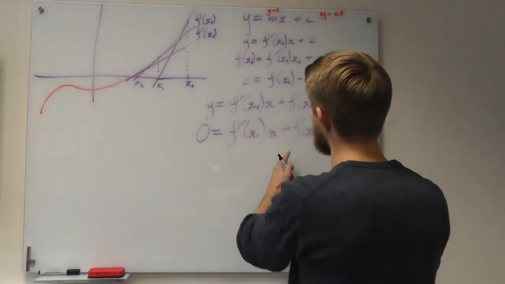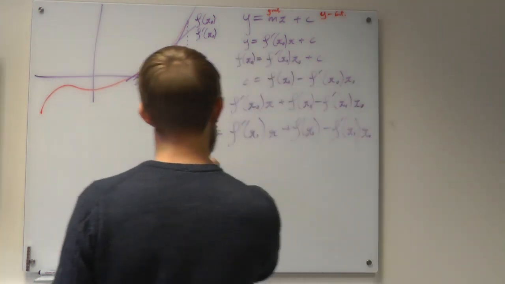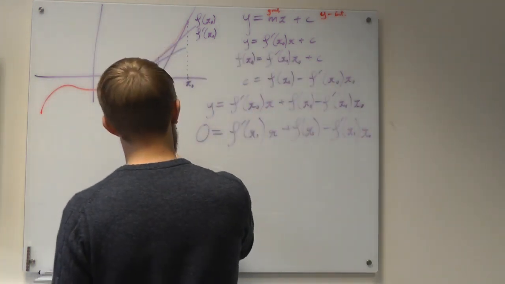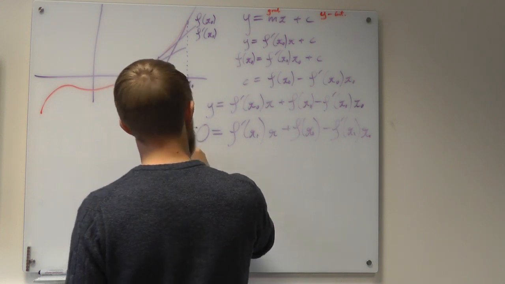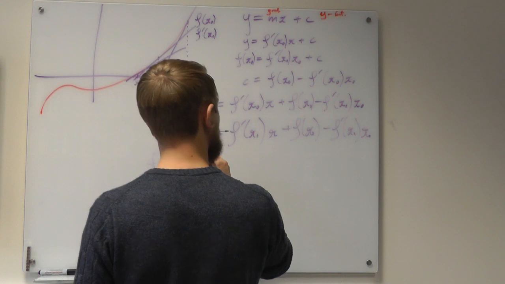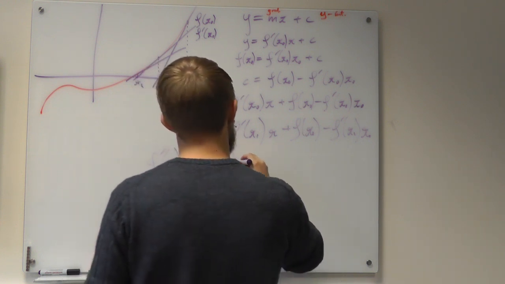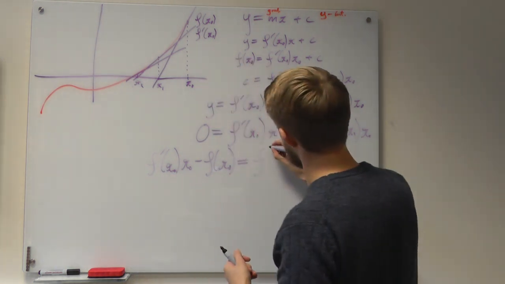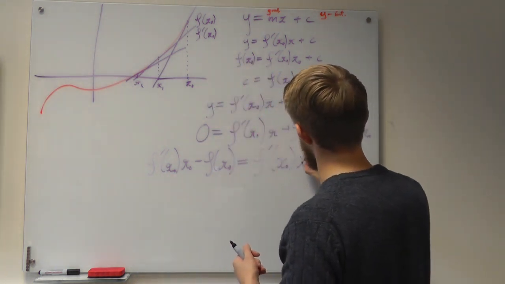So rearranging it, what I'm going to do is put these two terms on the other side. So I'm going to say f prime of x0 times x0 minus f of x0 equals f prime of x0 times x.